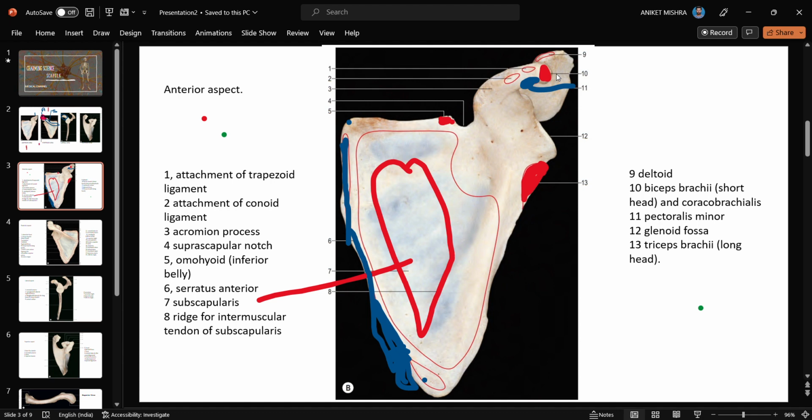There is another, the coracoclavicular ligament. It is attached to the lateral border of the coracoid process. Let me draw it in green.